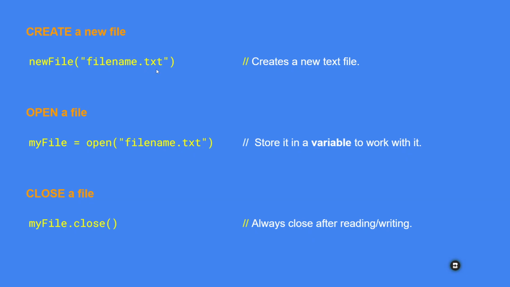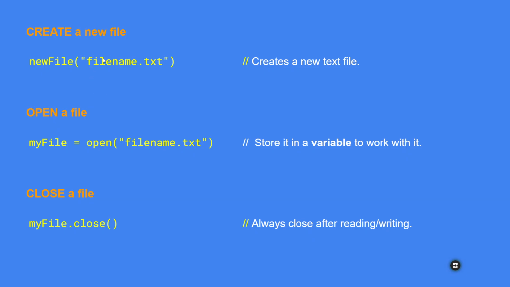It could be filename.txt or something else.txt, but it should be inside quotation marks. Remember, in the exam, if they give you the name of the file already, you need to follow that name exactly as it is. Here we're creating a new file named filename.txt. That's it, the file is created.